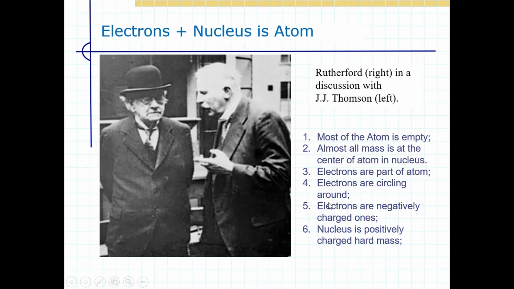Electrons are circling around. Electrons are negatively charged. The nucleus is positively charged, and it is a hard mass containing almost all the mass. So these were the ideas at that time when Rutherford and J.J. Thomson had a notion about the atom.